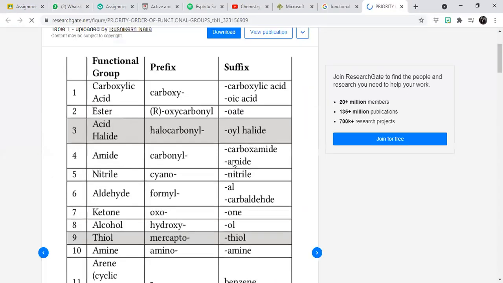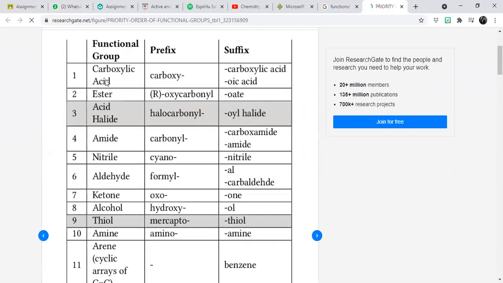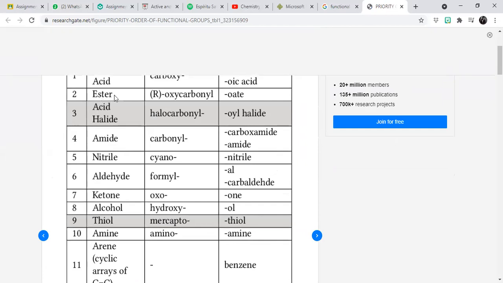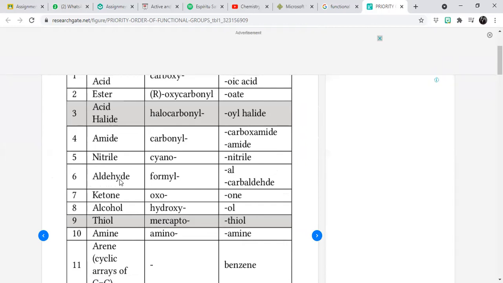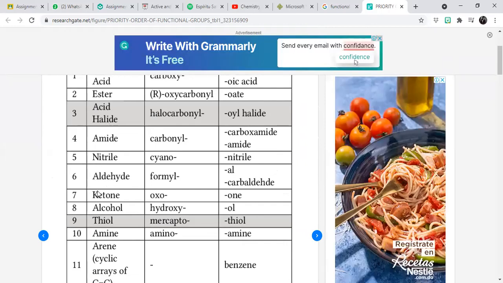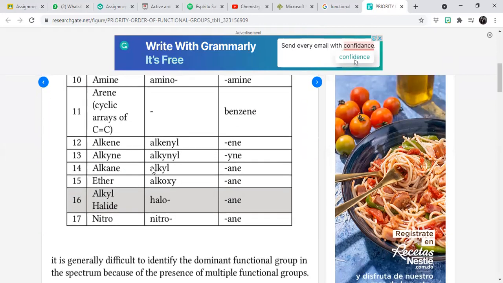And here you go. So the most important compounds in organic chemistry are the carboxylic acid, then the esters, then the acid halides, then the amides, and then aldehydes are more important than ketones, and more important than alcohols, and more important than anything you have down here.